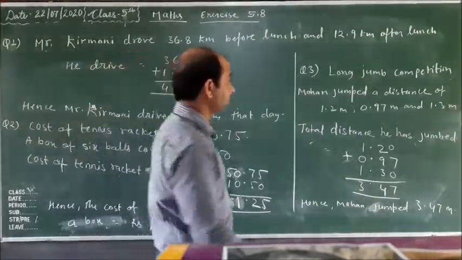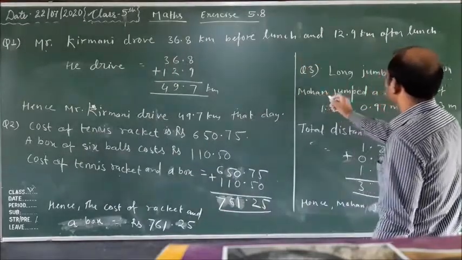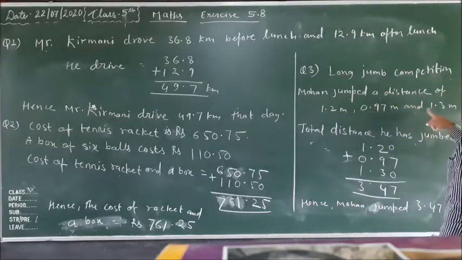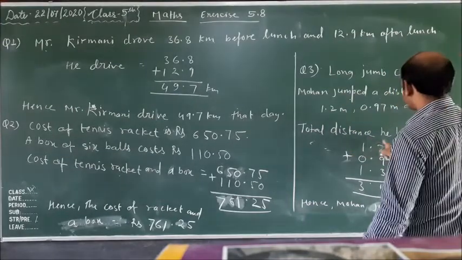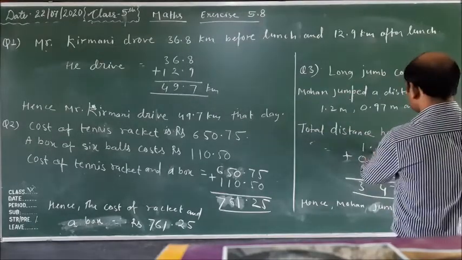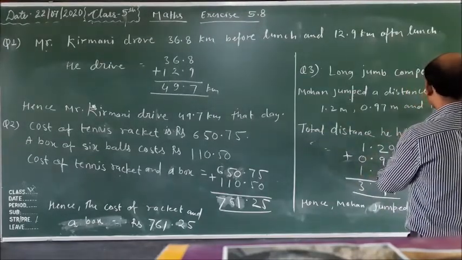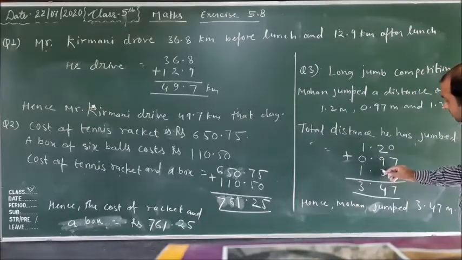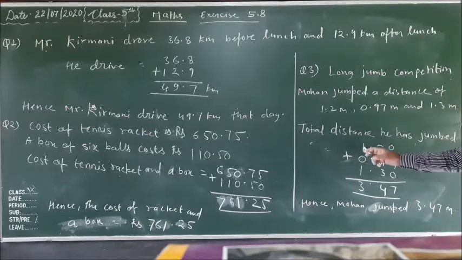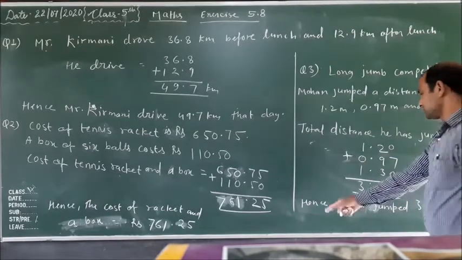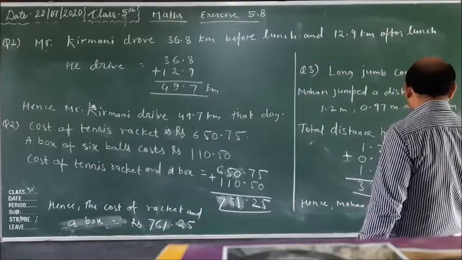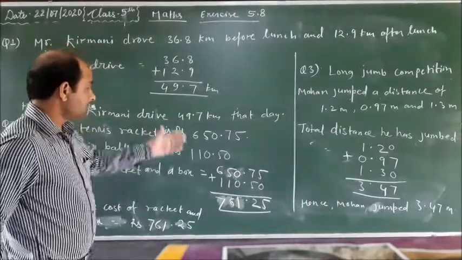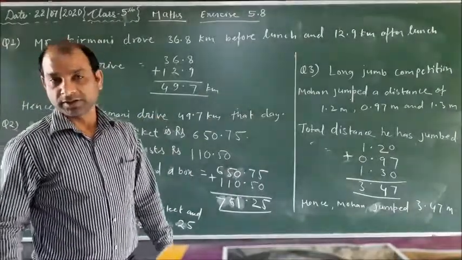So the total distance is 1.2 plus 0.97 plus 1.3. 7 plus 0 plus 0 is 7, 9 plus 2 plus 3 is 14, 4 carry 1, and 1 plus 1 plus 1 is 3. Hence Mohan jumped 3.47 meters.